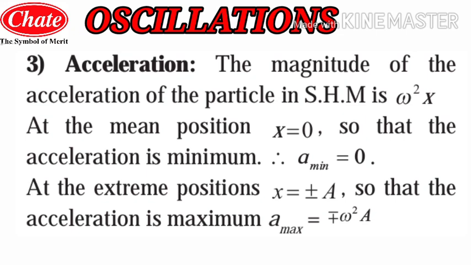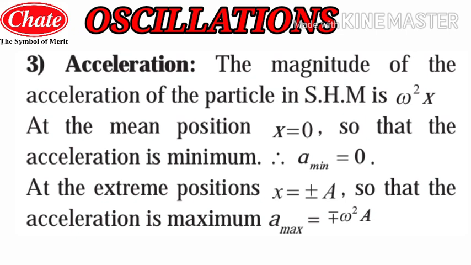So students, these are the values of displacement, velocity and acceleration we have seen. We have seen the value of displacement at its mean position and at its extreme position. Again in case of velocity, we have seen the value at the mean position and at the extreme position.